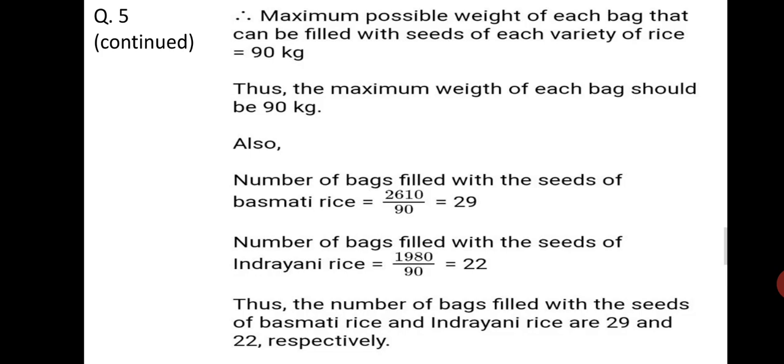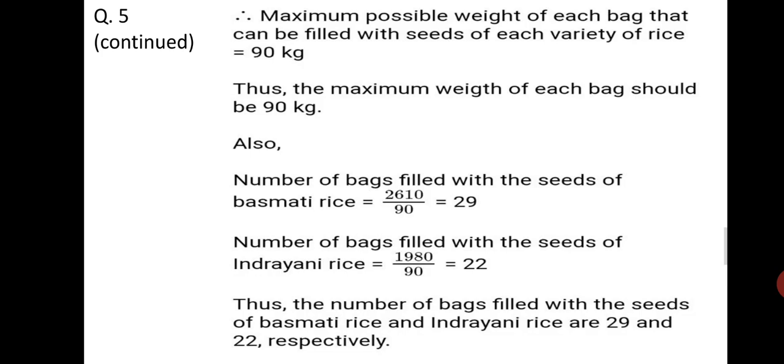So, see the next step. Also, number of bags filled with the seeds of basmati rice is equal to total weight 2610 divided by weight in one bag, which is 90 kg. So this gives us 29. That means 29 bags will be filled with seeds of basmati rice.